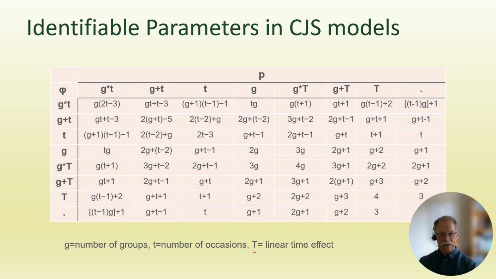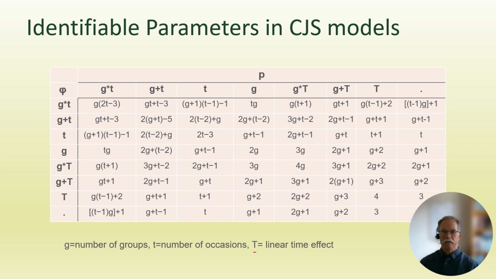So for the phi G times T, P G times T, for instance, it's G times, in parentheses, 2 times T minus 3. If you put G plus T in for the P, now it's G times T plus T minus 3. So, it's kind of overwhelming, obviously not something you're going to be able to memorize.